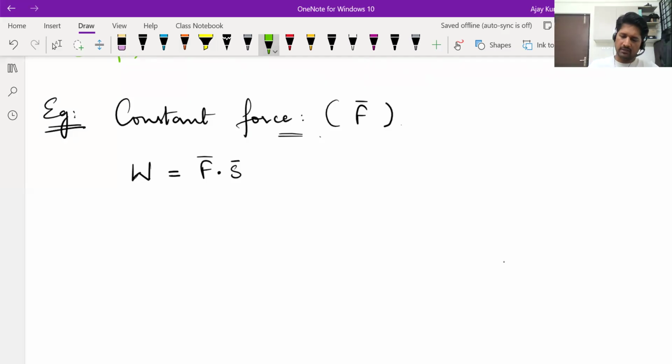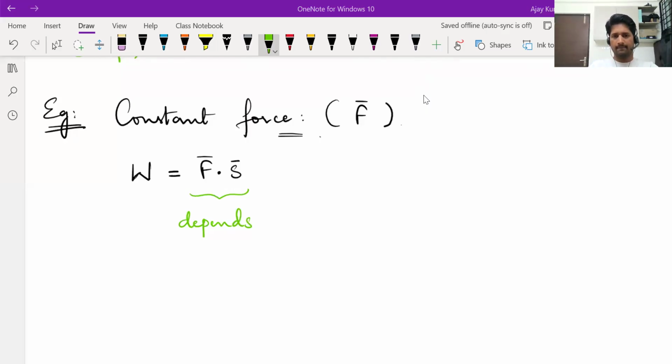So now you all tell me, work done by a constant force, does it depend on the path or does it only depend on initial and final positions? Aishwarya, what do you think?